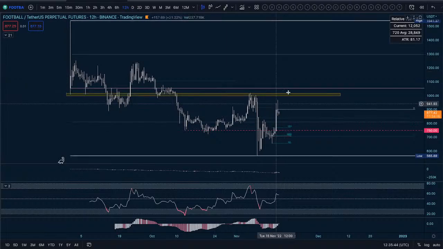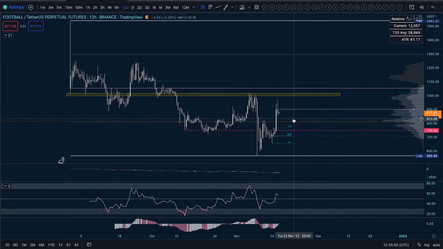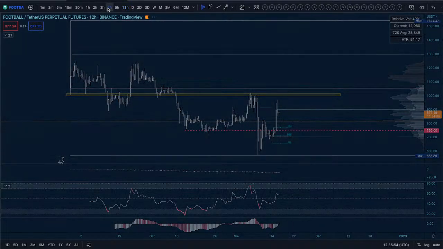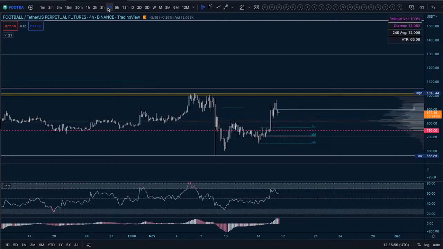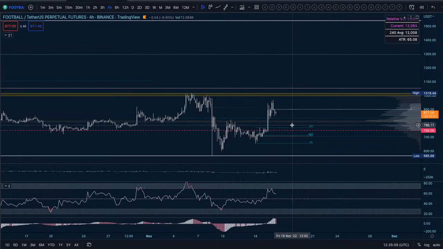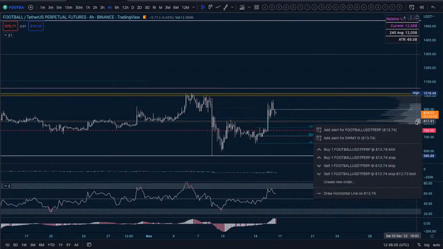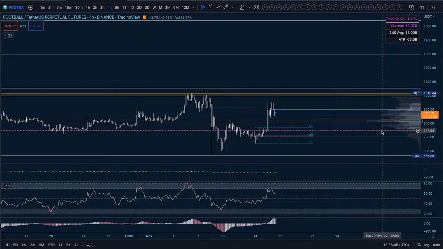Also, Football Index on Binance is something to be aware of. It can pull back towards there, here, eventually there.